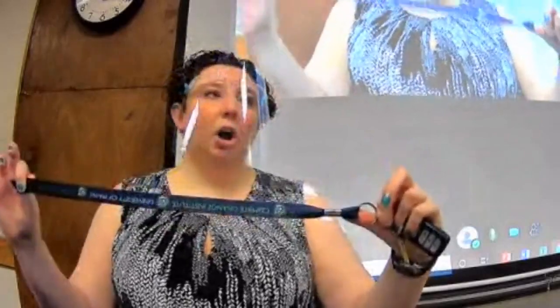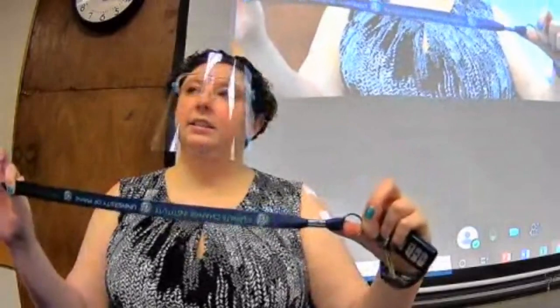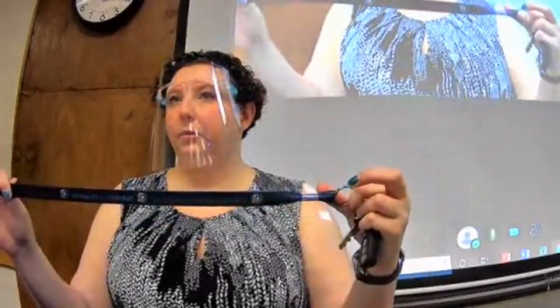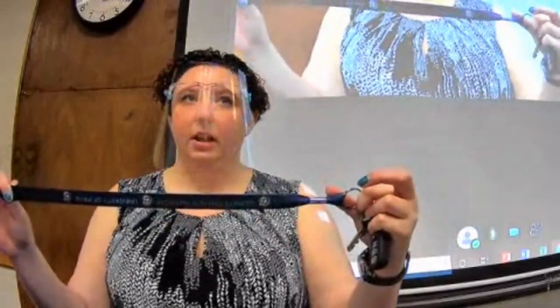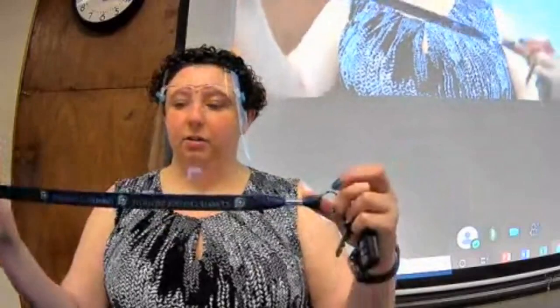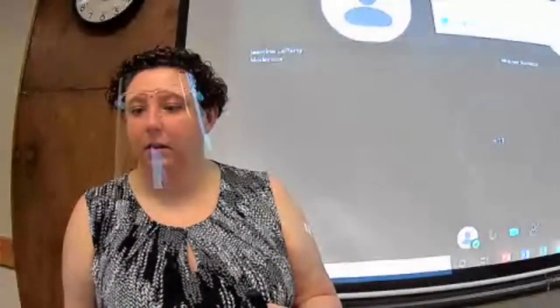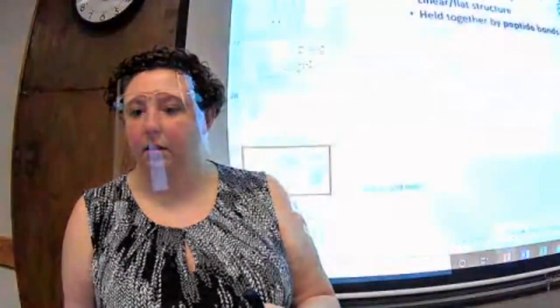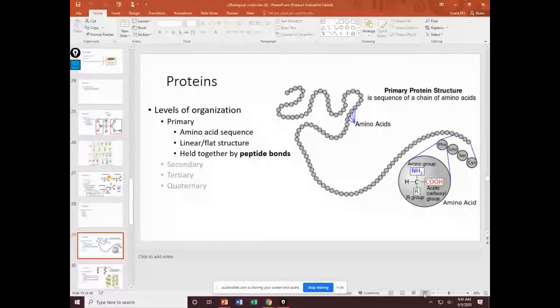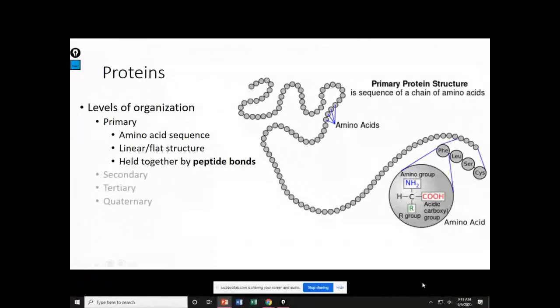So as we go, it's going to take us several stages before we make kinks and twists to get this folded up to a three-dimensional structure. Okay, so that's familiar. That feels okay.